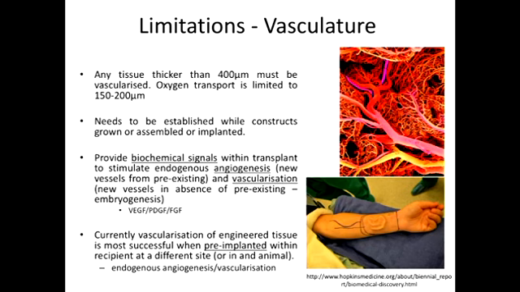So this is an example here, published in 2012 from Johns Hopkins. What they did is they tissue engineered an ear, and then they transplanted the ear into the recipient's arm, and they waited for an endogenous blood supply to be developed in the arm.